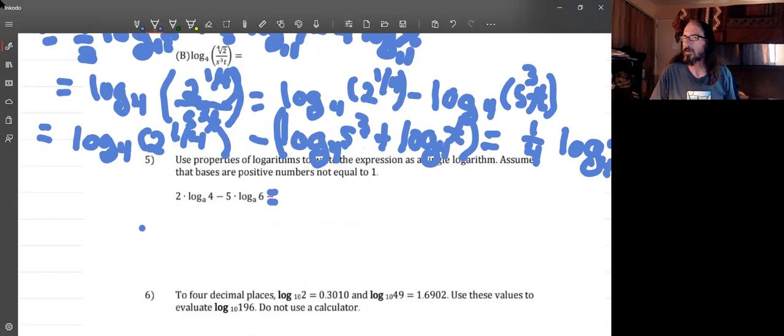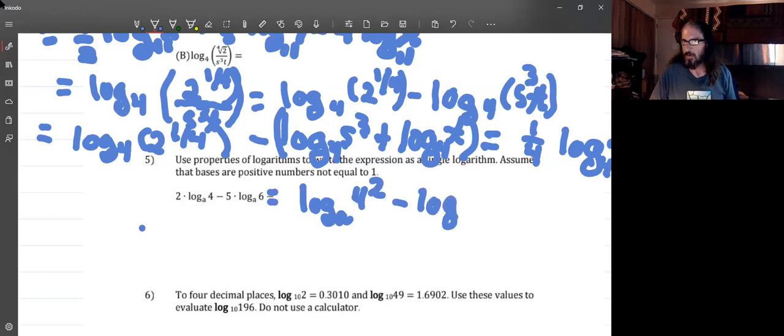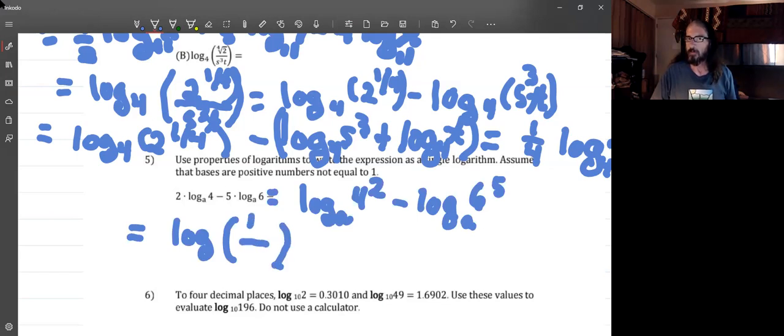I'm going to apply the power rule. Bring that coefficient or factor in so that we've got the log of 4 squared in that unknown base of A, and that we've got the log of 6 to the 5th in that unknown base of A. Because that's subtraction, then I can put that back together as a single logarithm with division in it, where the part that's going to be subtracted shows up in the denominator.